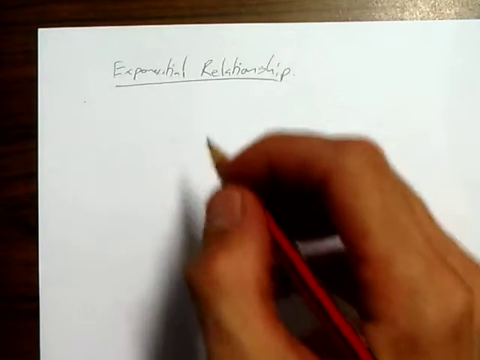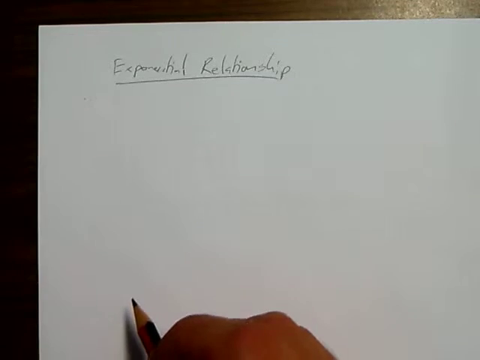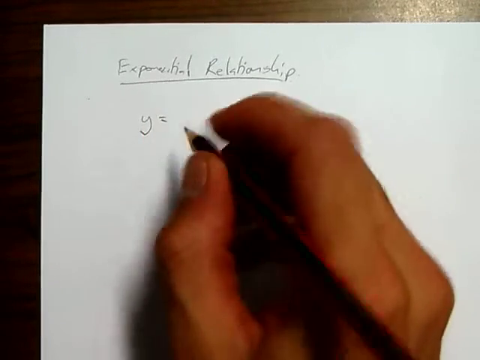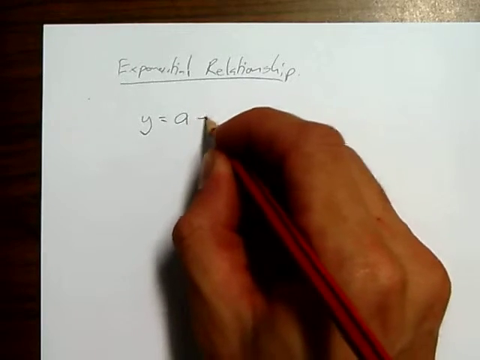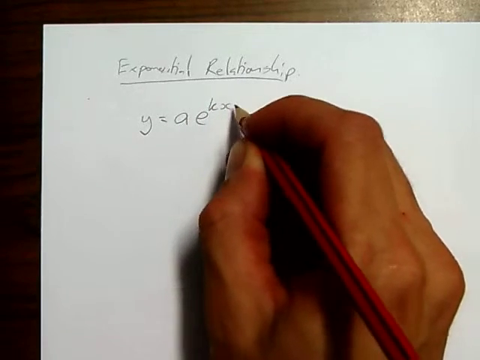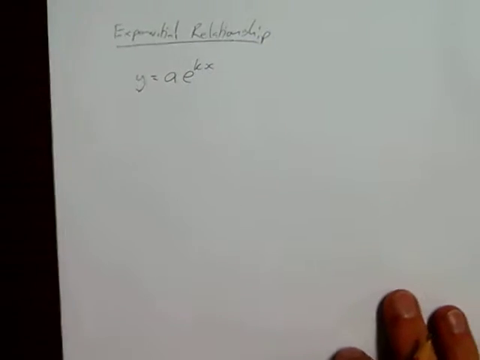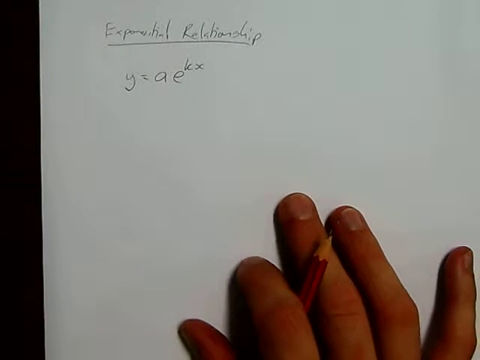I mean the actual function, the number part. Here's the power of x. Let's do a little bit better than that. y equals a e to the kx. Okay, that's the exponential relationship that we all know and love, that we got to know really well last term.